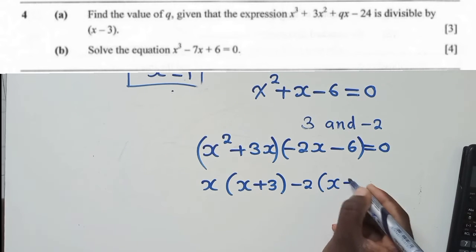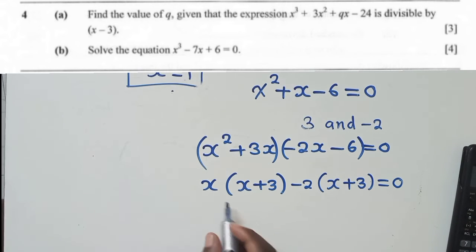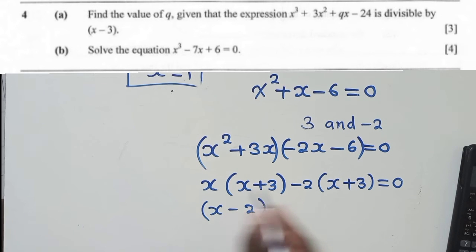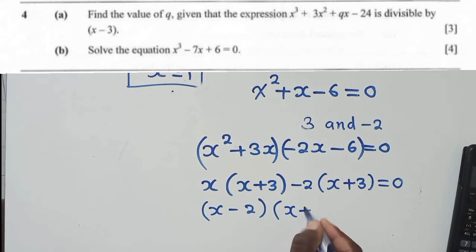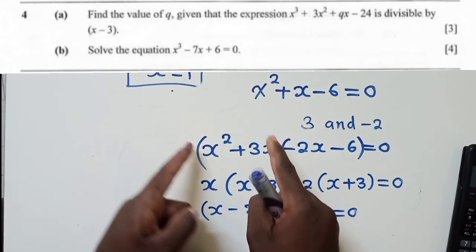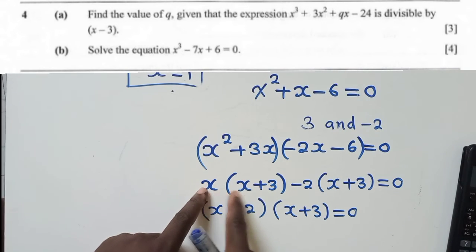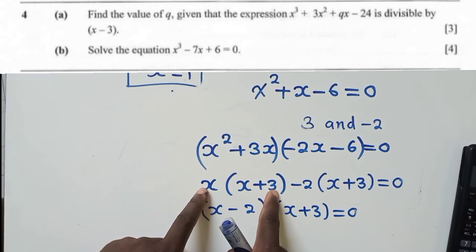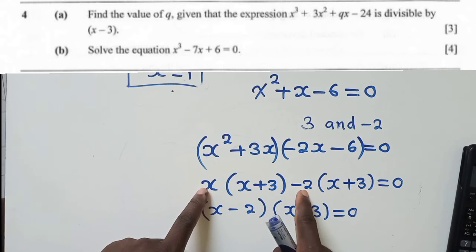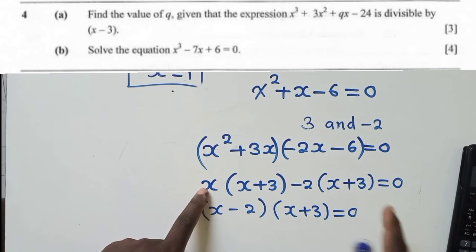So this is what we have right here. I guess you know these steps. Next, you just get what is here, this and this. Next, this and this. So in case you don't know how to solve quadratic equation, you find two factors, you write them, you group, and then factorize what is common here, factor it out, you remain with x plus 3, and what is common here, you write it outside, you remain with x plus 3 there.